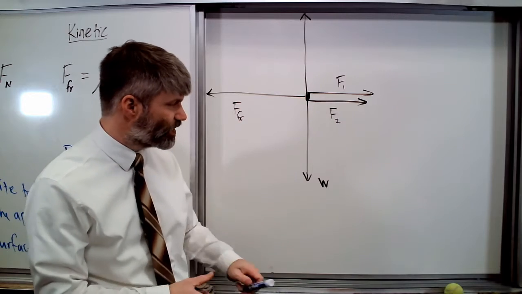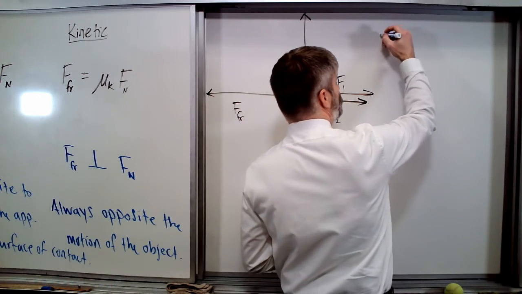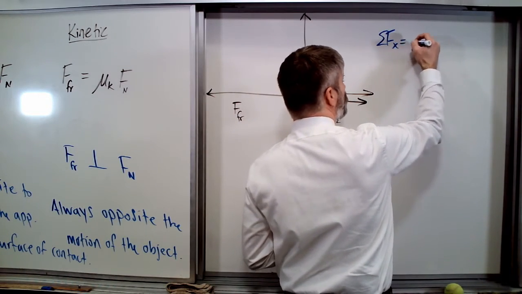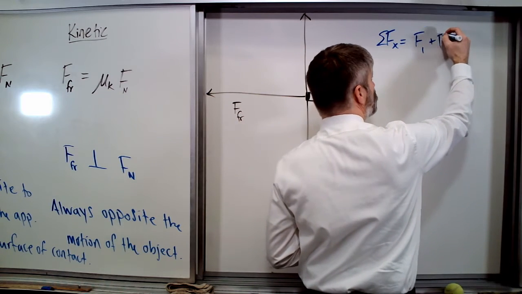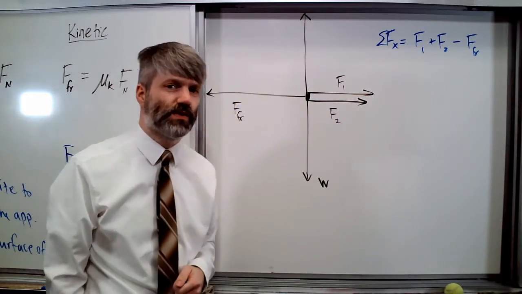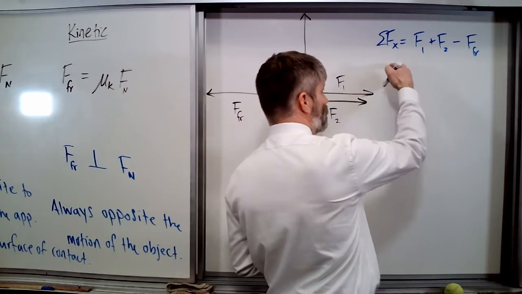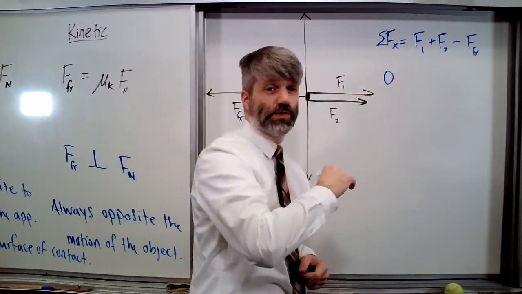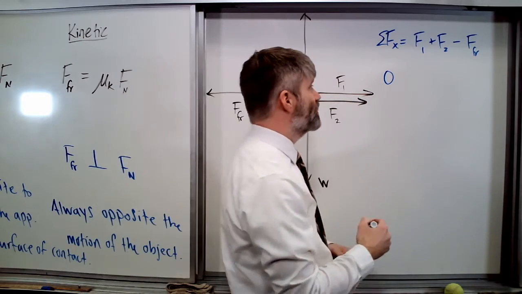Okay? So in the horizontal direction, we've got F1 plus F2 minus the force of friction. We know the net force is going to be 0 because there's no acceleration.